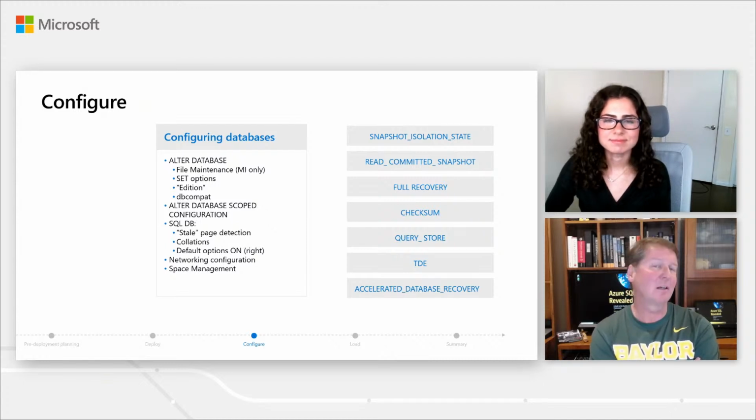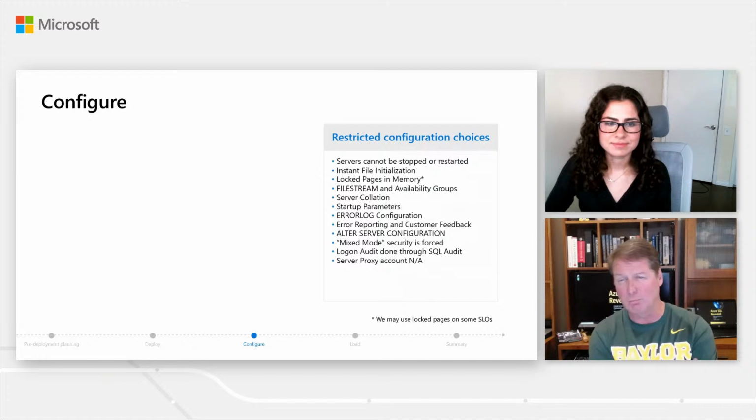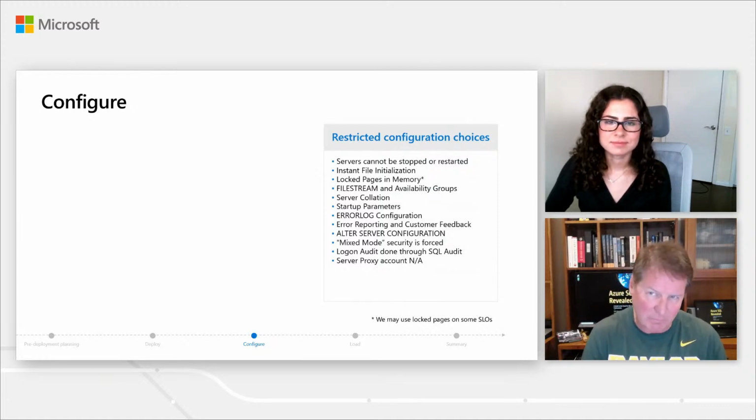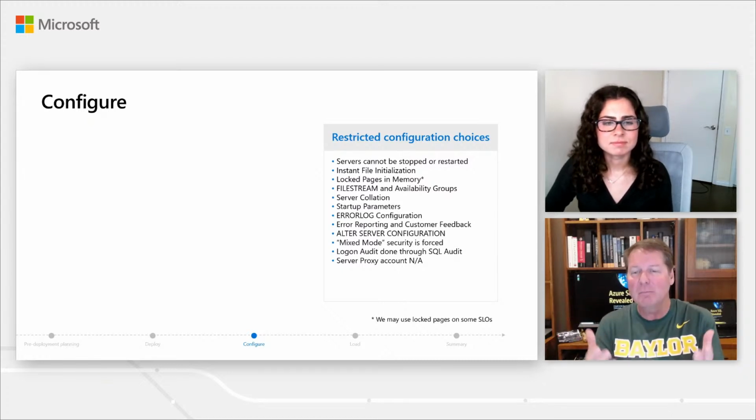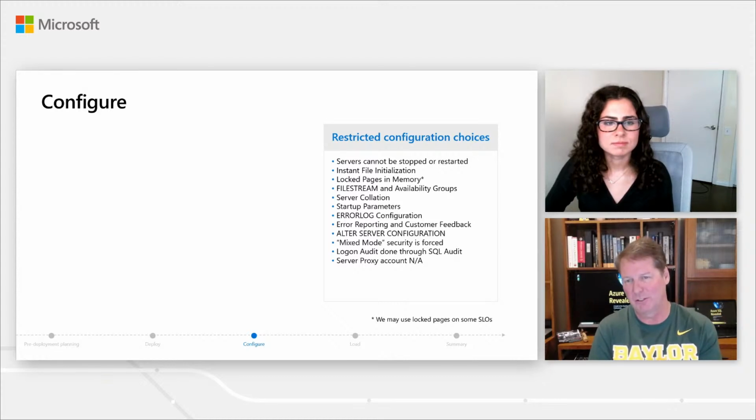So the last thing in configuration, Anna, that I think would be important to tell our audience is what are some restrictions of things you might be used to doing, especially when it comes to things like Server Configuration Manager, that you cannot do with managed instance or database? Now, look at this list for a second here. It's not because we wanted to limit you from doing this. It doesn't make sense in platform as a service.